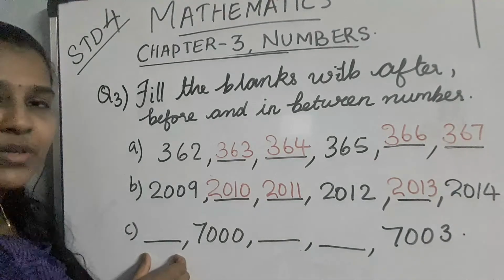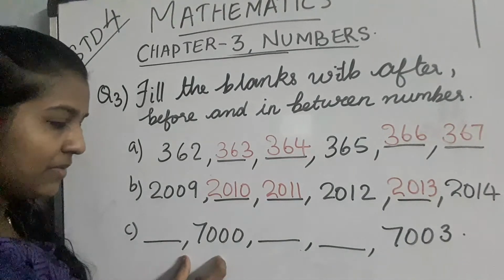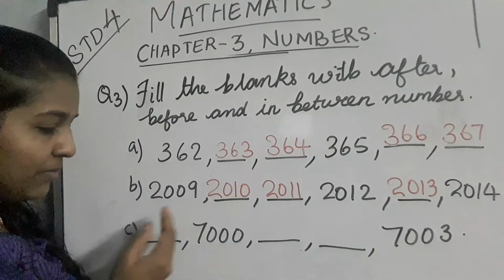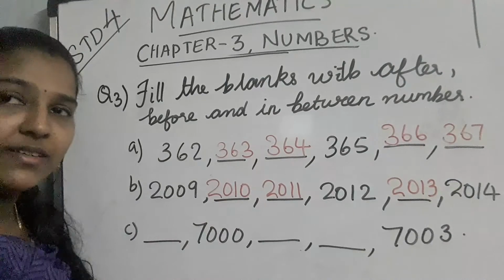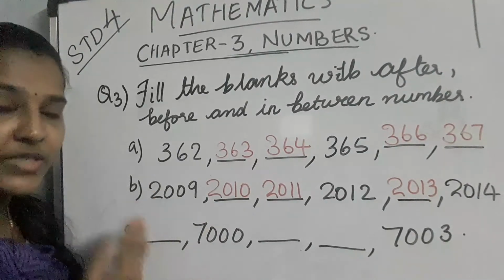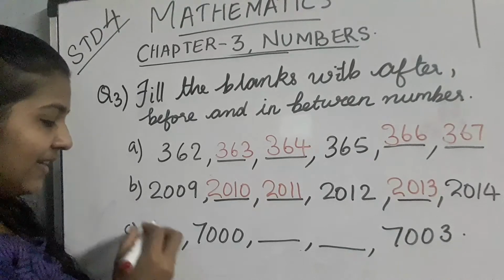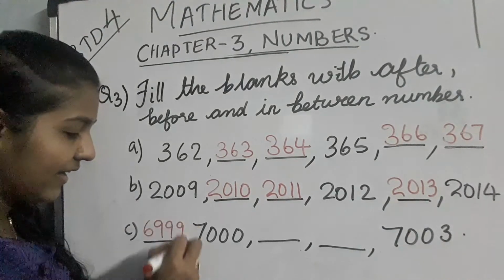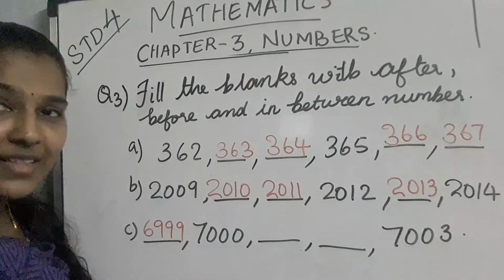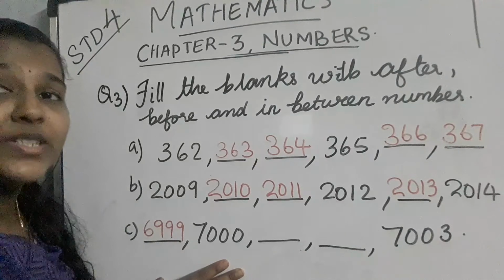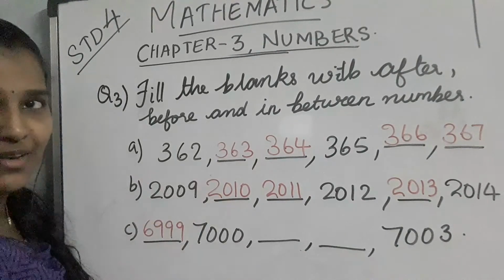The first number is missing here. The second number is given, 7000. So you tell me which number comes before 7000? Yes, before 7000 which number comes? It is 6999. Isn't it? 6999 is the number which comes before 7000.